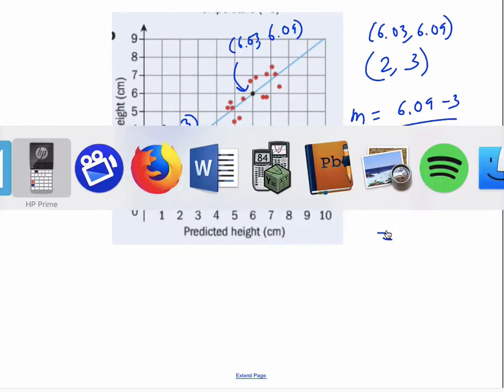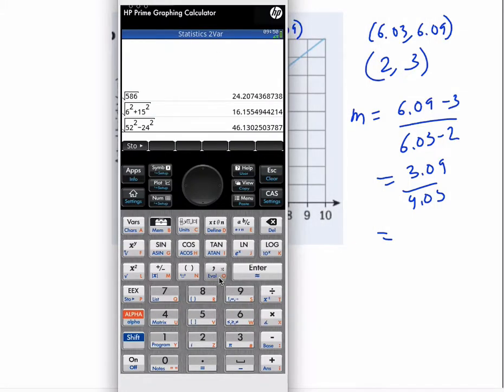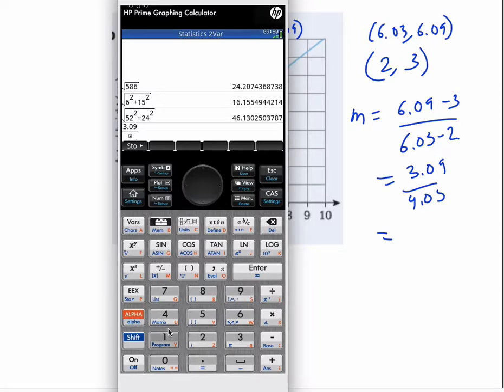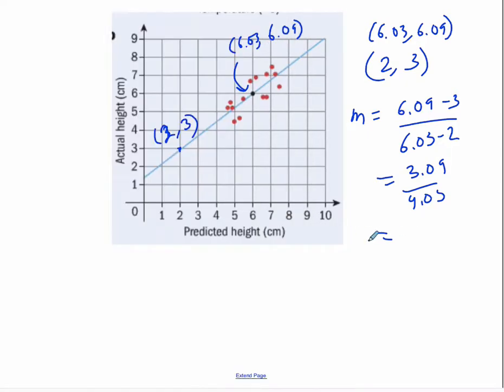Okay, let's calculate that on our calculator. 3.09 divided by 4.03 is 0.767. It's approximately 0.767.